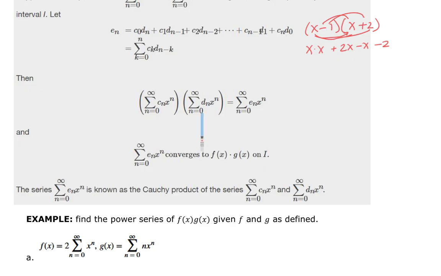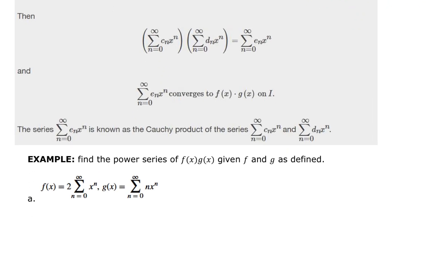If we are multiplying these two power series, the c sub n and the d sub n multiplied together is going to be this e sub n, which is this lovely thing, and then x to the n. This multiplication converges on this interval I which f and g both share. This is known as the Cauchy product.